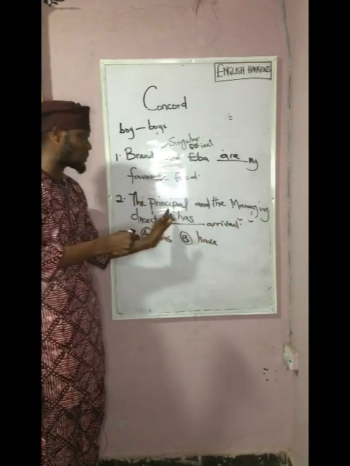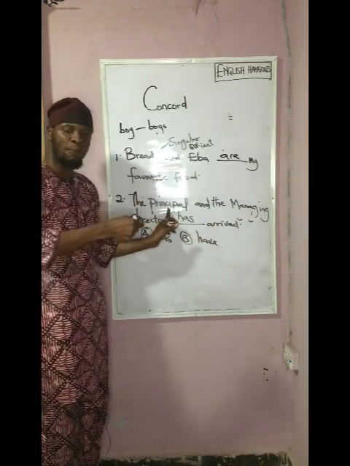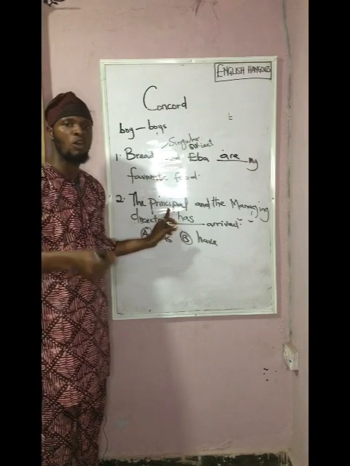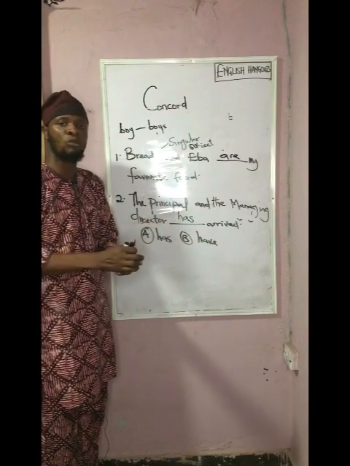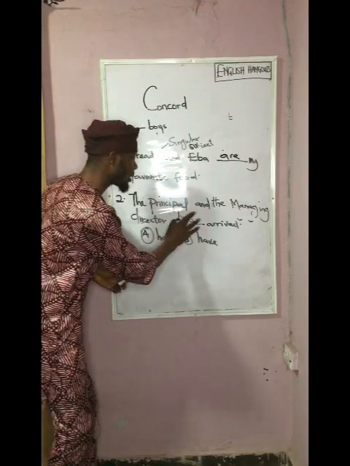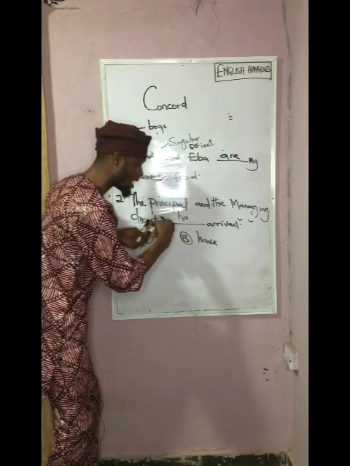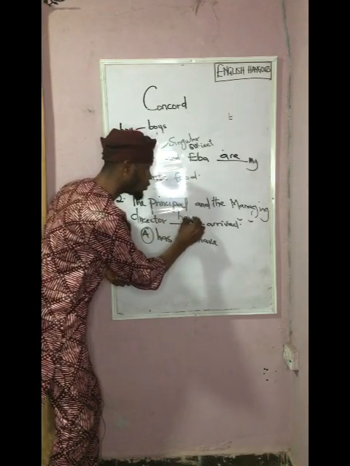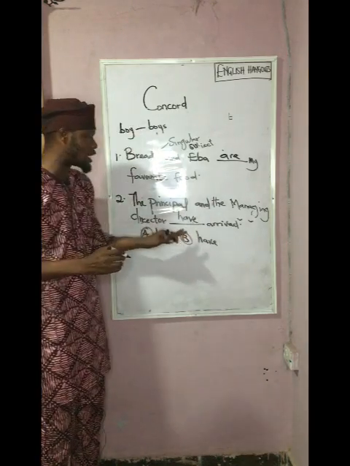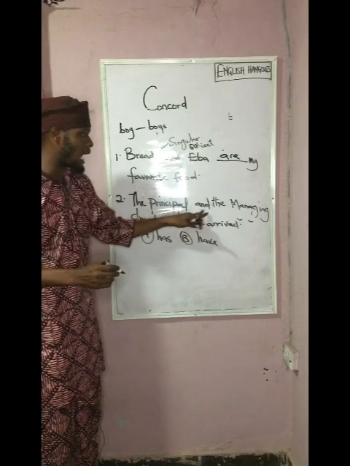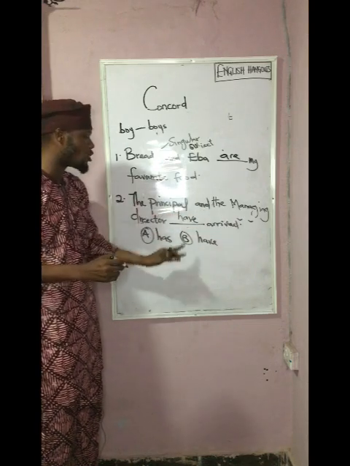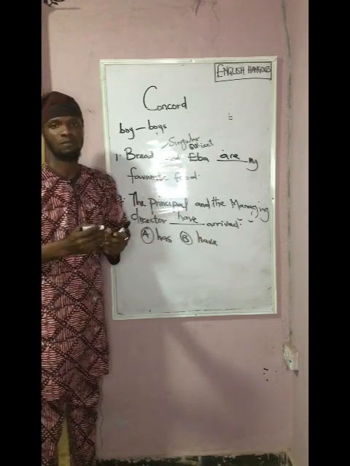That shows that this particular subject here is what? A plural subject. Therefore, it should attract a plural verb. Therefore, we can't have as here. The appropriate verb that will suit this particular sentence will be the principal and the managing director have arrived.